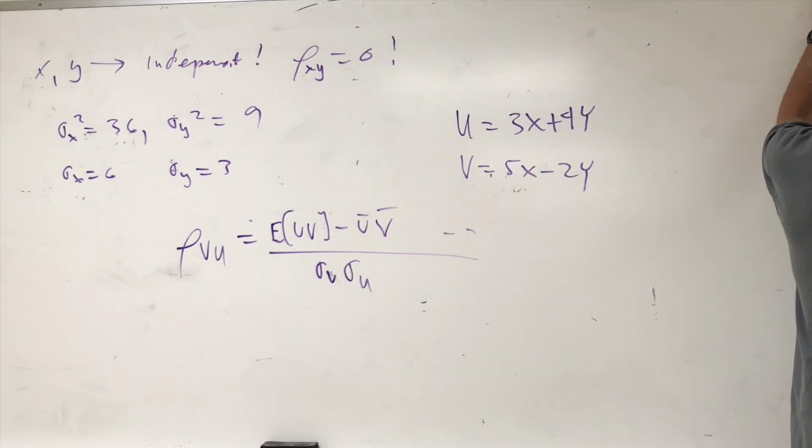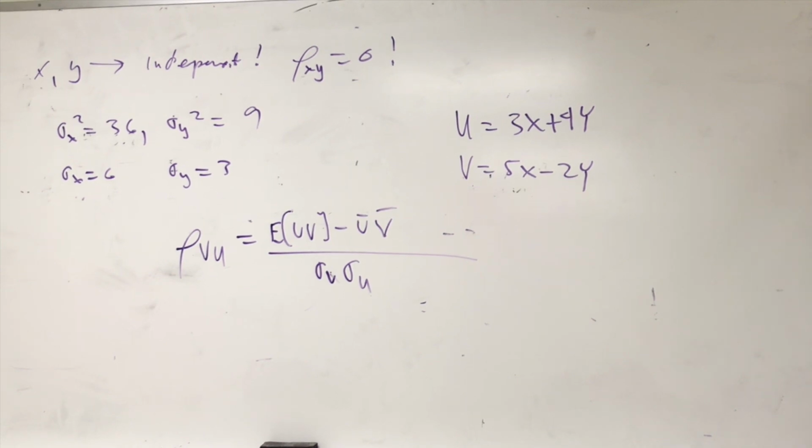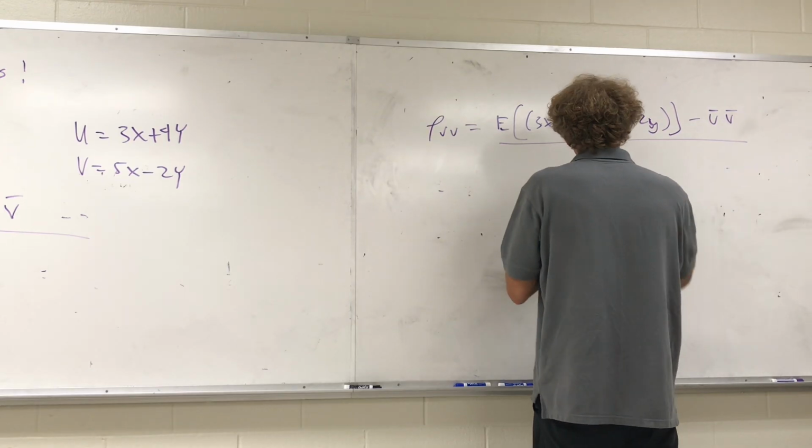Rho VU equals the expected value of UV, where U is 3x plus 4y, times the expected value of V, which is 5x minus 2y. I have to multiply these out. That's going to be minus U bar V bar over sigma V, sigma U.